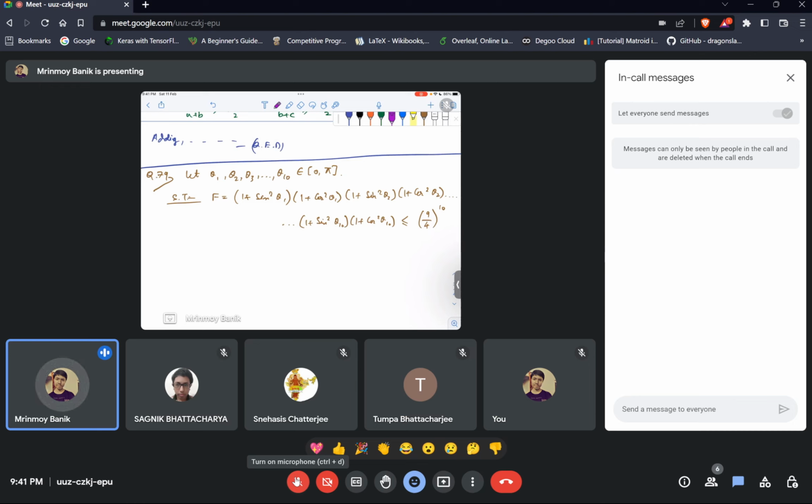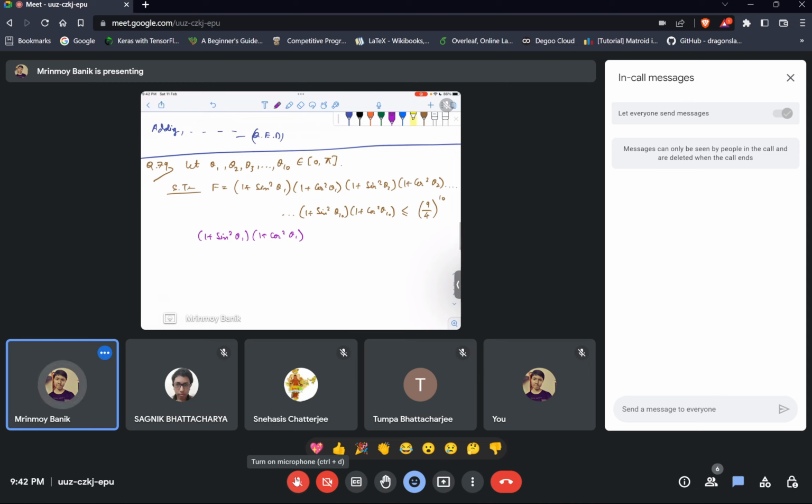So there are 10 angles, and the power is also 10. That kind of hints us at using some form of term-wise inequality, right? So let's pair up the terms with corresponding ratios of sine and cosine. Suppose we take the first two. So what's the maximum value?